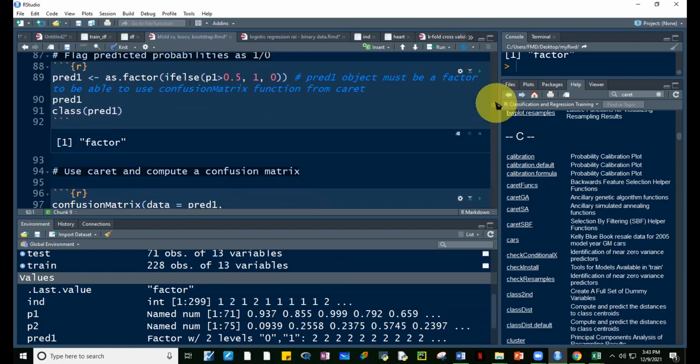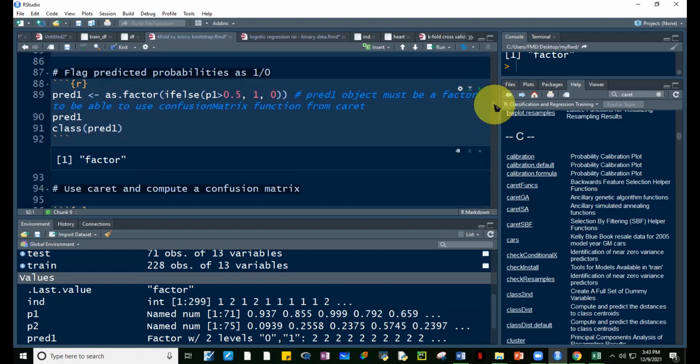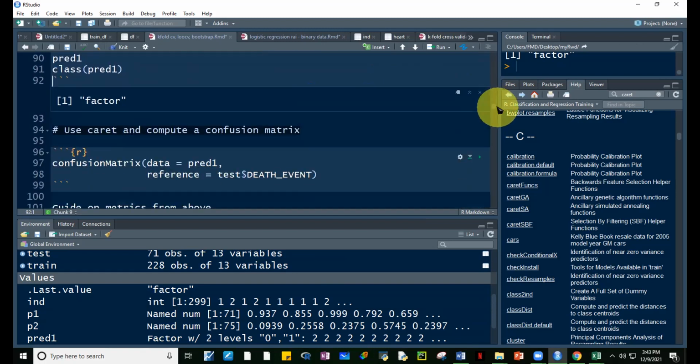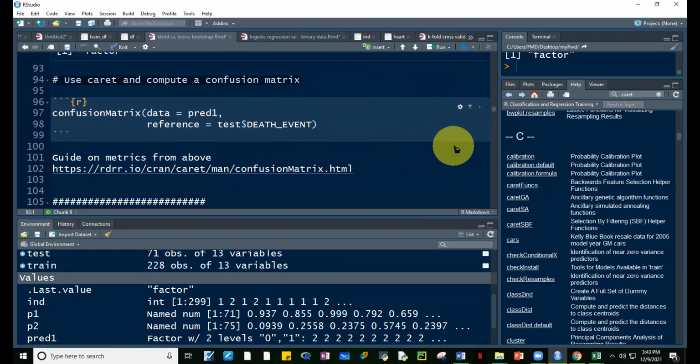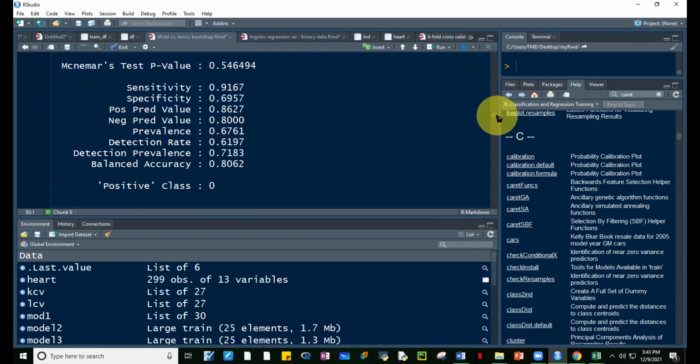So we now have values of, yung actual values natin meron, no? Kasi meron tayong test data. Tapos meron din tayong predicted dun sa death event, no? Okay, so let's run now our confusion matrix. Enter. Let's run this. Okay, if we can see this one, guys.